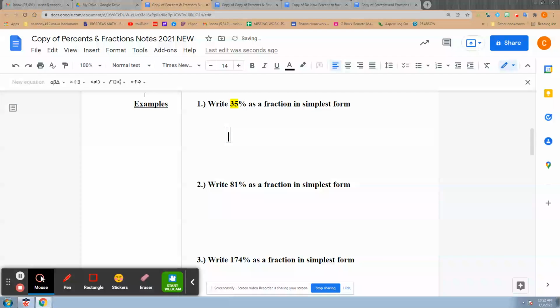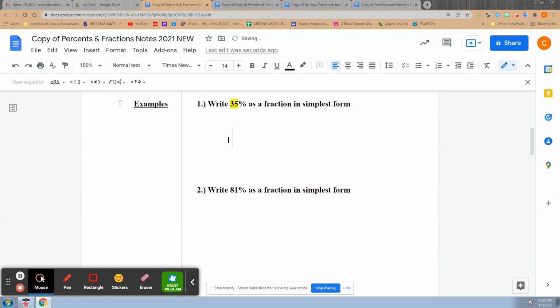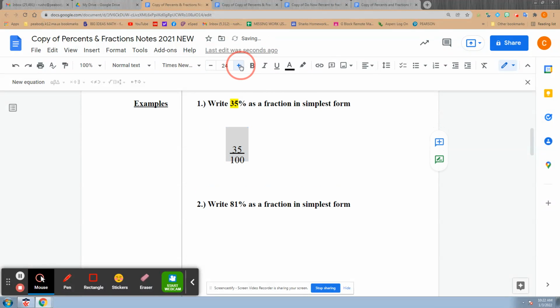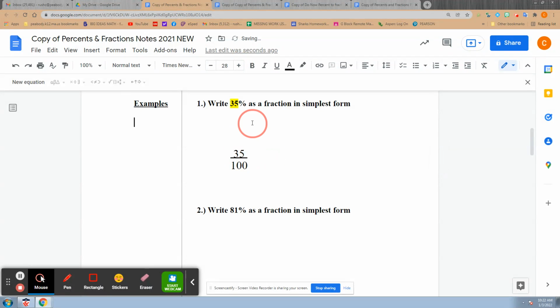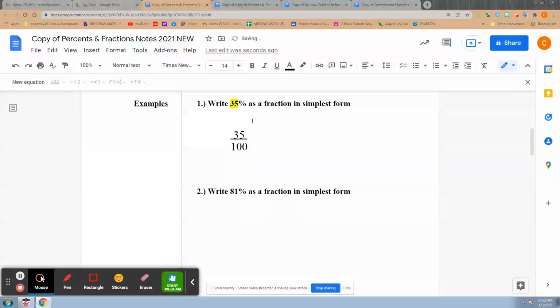I would put 35 on top, and then the bottom is always 100. So 35% is 35 on top because that's the percent number, and we always put it over 100 because percents are out of 100. So that's how we turn 35% into a fraction.